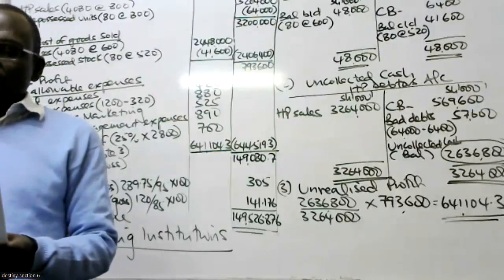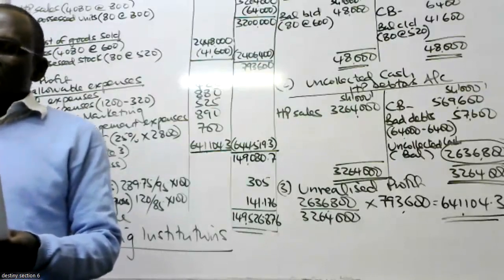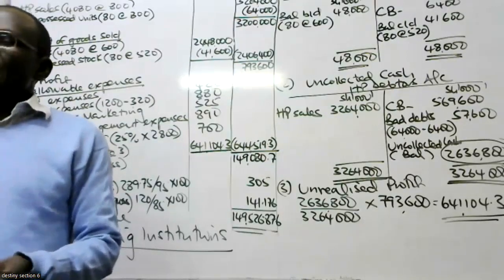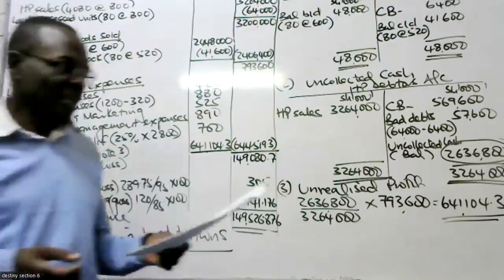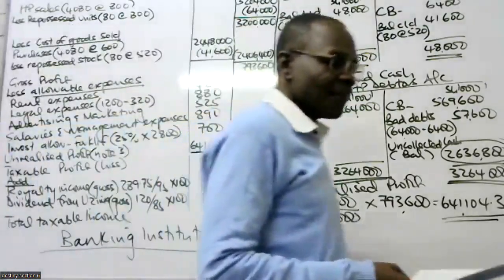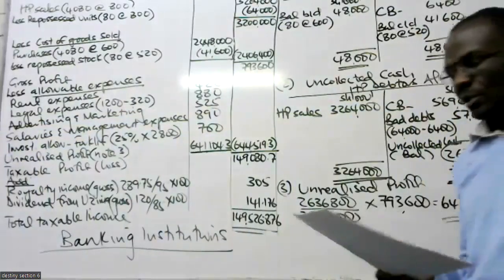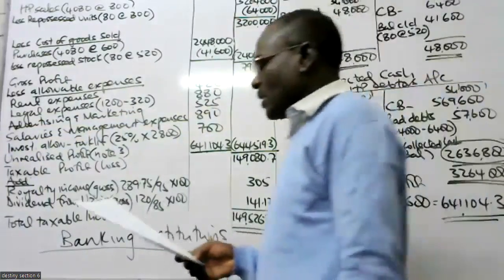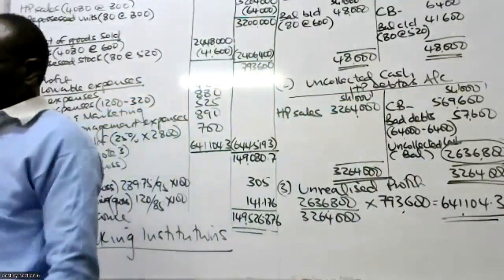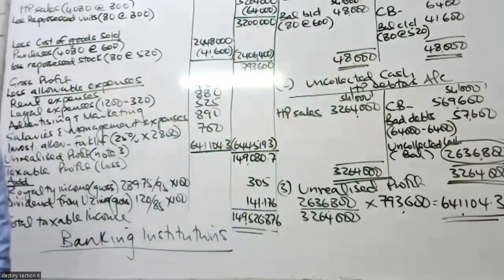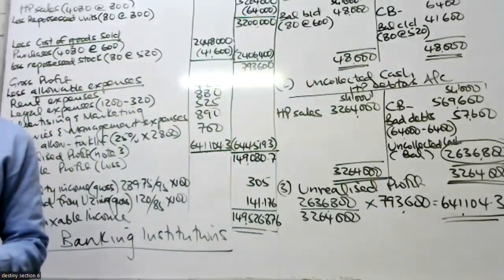So you say, normally, a bank has very unique items of income and expenditure, which include the following.